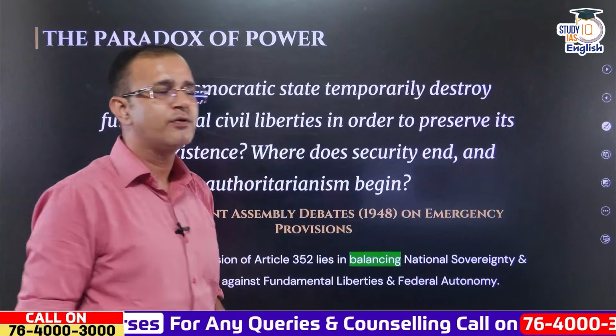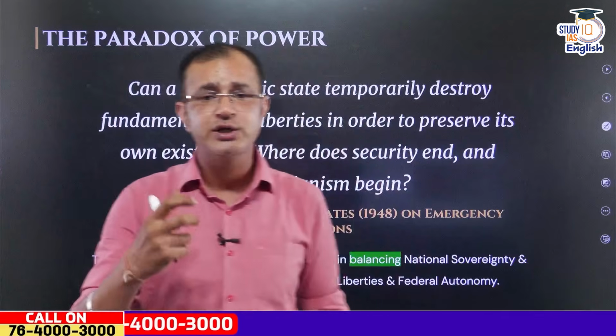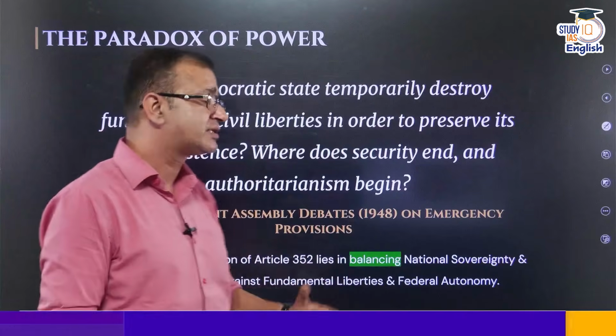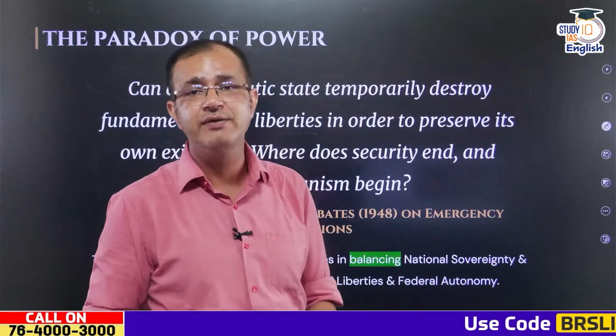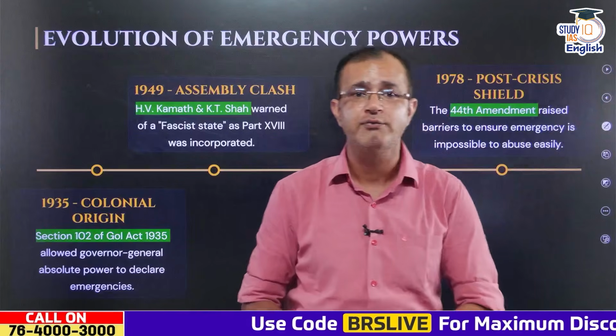This is important because the question pertains to the balancing nature of Article 352, which tries to balance national sovereignty and territorial security against fundamental liberties and the federal autonomy provided under the Constitution of India.